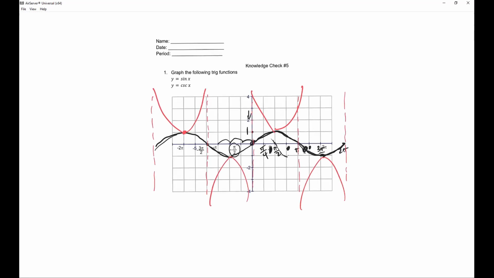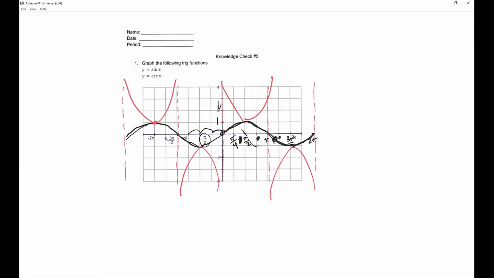And for this, make sure you write some table of values here, like X and Y: 0, pi over 4, pi over 2, 3 pi over 4, pi, so on and so forth, and then figure out the Y's. So it'll be 0, and then this will be like 0.57.